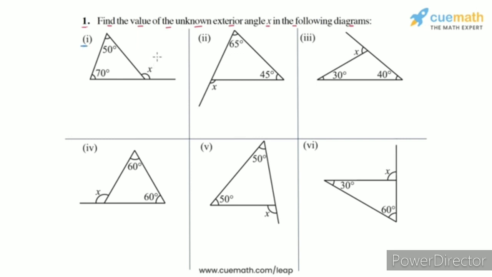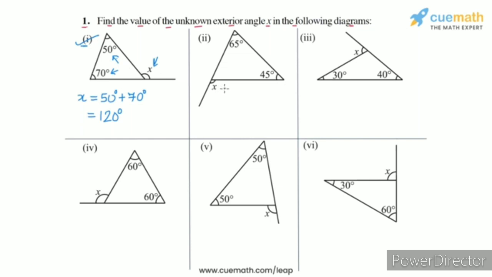In part 1, x is this exterior angle, and we can see that the opposite interior angles are 50 degrees and 70 degrees. So x will be equal to 50 degrees plus 70 degrees, the sum of the opposite interior angles, or x will be equal to 120 degrees. So this is the answer for part 1.